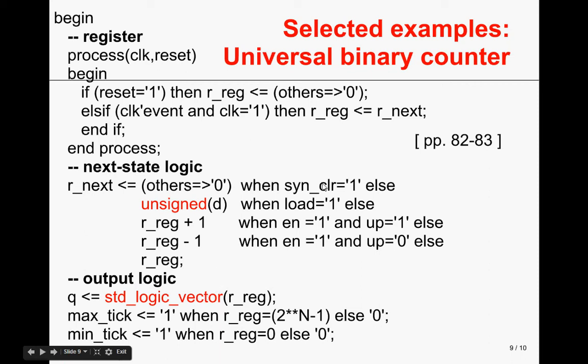So notice that this universal binary counter has a synchronous clear input, and it also uses typecasting or type conversion to match the data types of the r_next and r_reg and the Q and D pins.